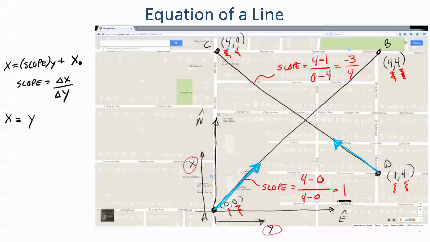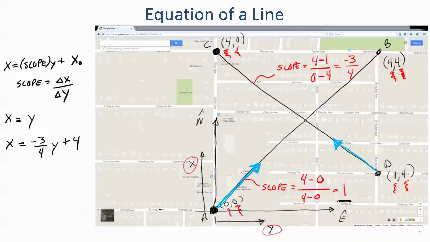Now the second line: its slope is minus 3 over 4 times y. And then when y is equal to 0 back here, x is actually equal to 4. So you have to say plus 4.